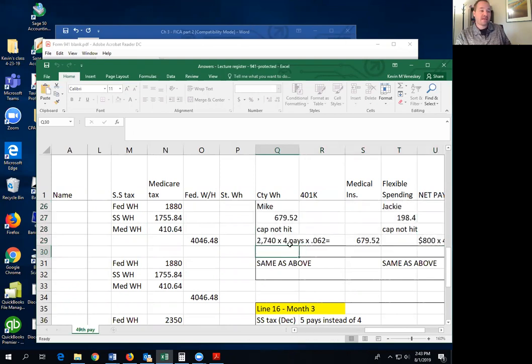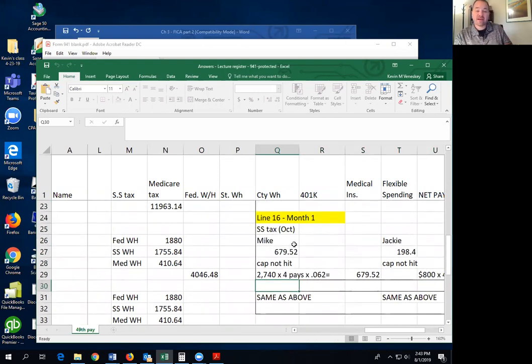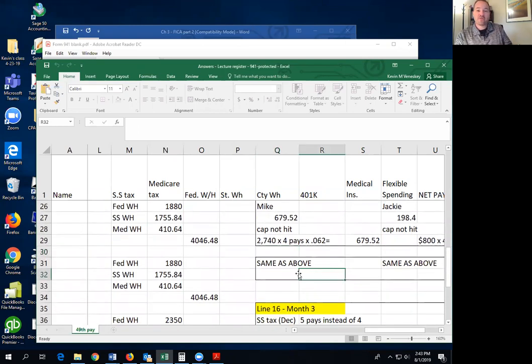Or I may say that the month of October is the month that has the 5th week, and then you're going to have to redo it for the month of November because it only has 4, and December would only have 4 full weeks. But in this case, it works out that it's the exact same. So we also owed the $4,046.48 for November.